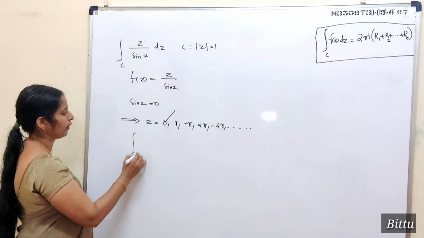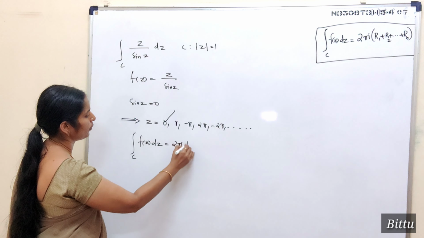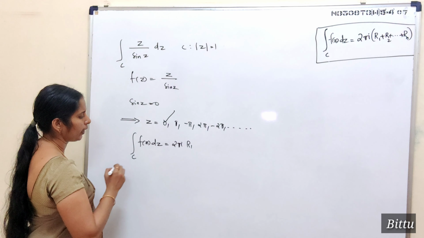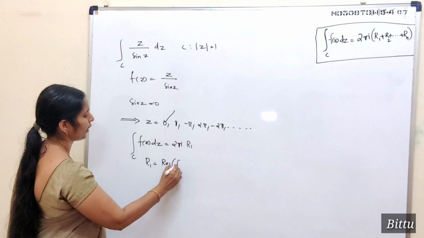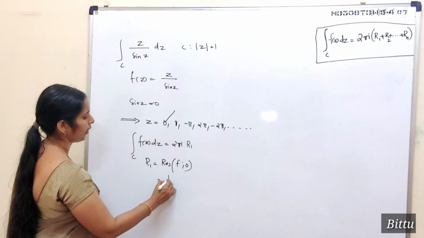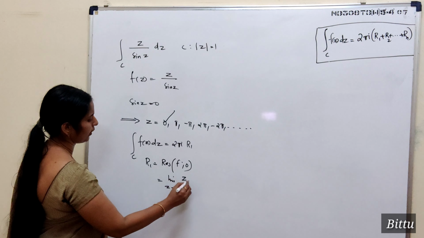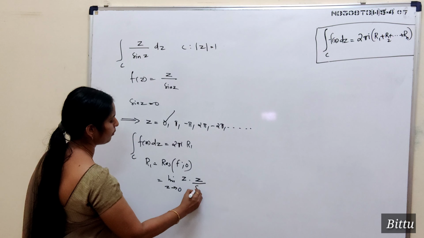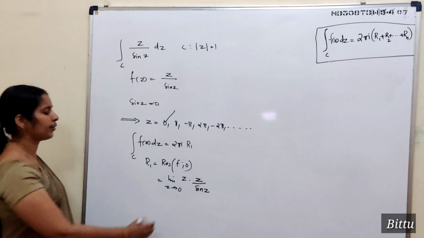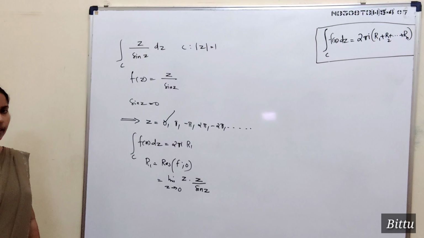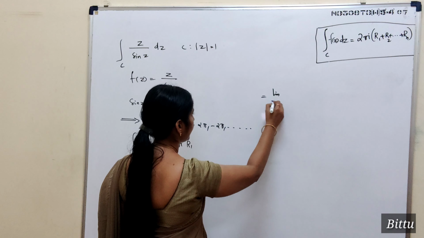So by residue theorem we can write integral over C f z dz is 2 pi i into R1, where R1 is the residue of f at 0 and it is limit z tends to 0, z into f z. What is f z? It is z by sin z. Here also there is no cancellation for z, so you have to apply L'Hospital's rule, and it is limit z tends to 0.